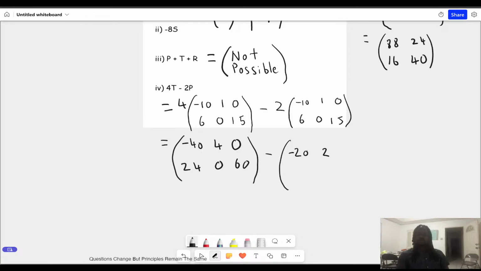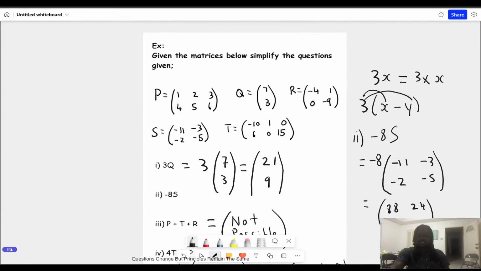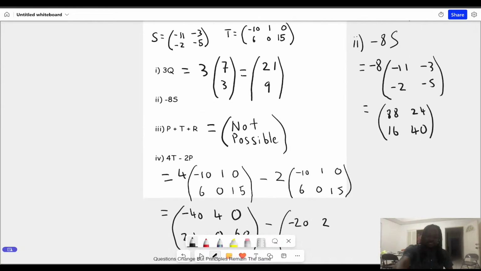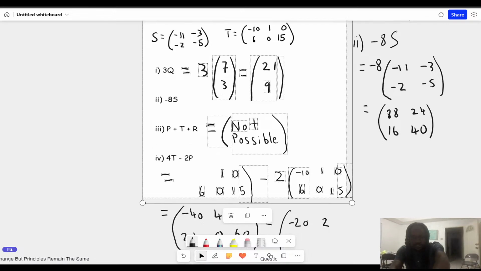Whoa. No, it's sitting right there. Yeah, sorry about that. What is P? P is actually 1, 2, 3, 4, 5, 6. So let me get rid of all of this.